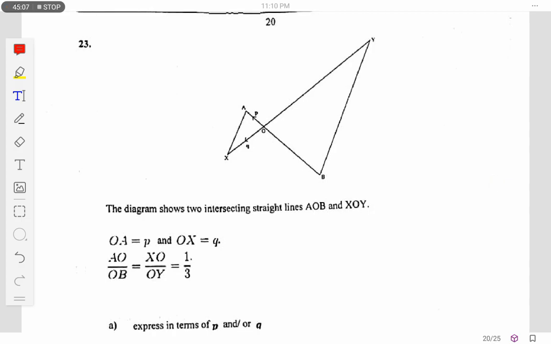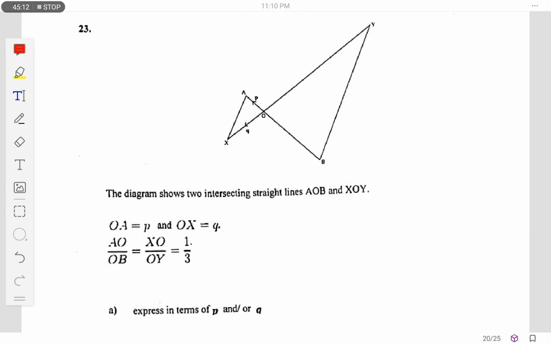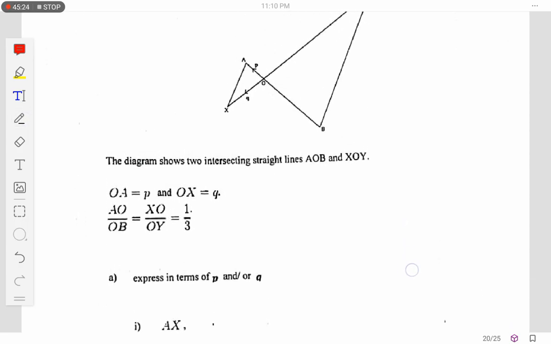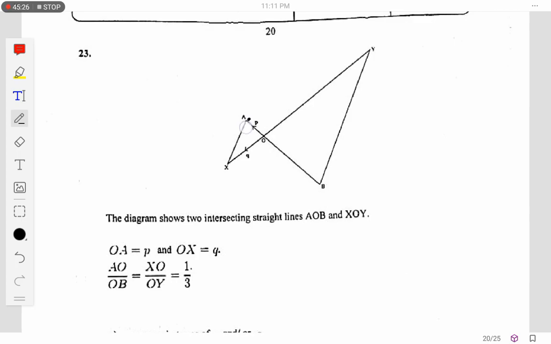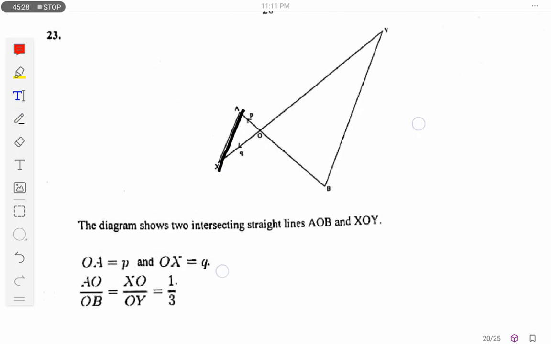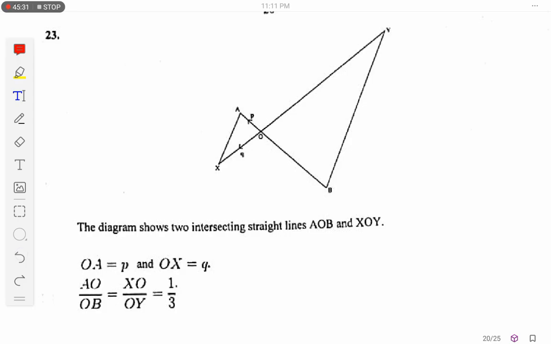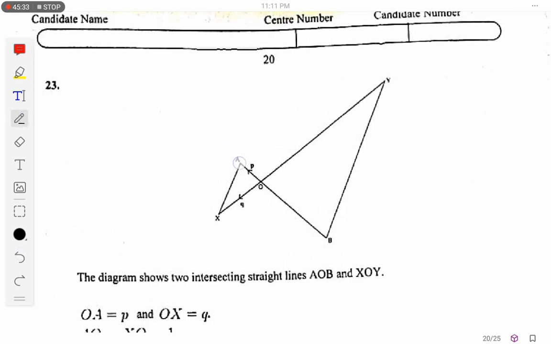Okay. This question now is saying express in terms of P and Q. Okay, so this is the vector. We want AX there. AX is this one. Let me just zoom it a little bit. AX is this one here, and we are moving from A to X. So the direction we use is opposite of AO plus this one.